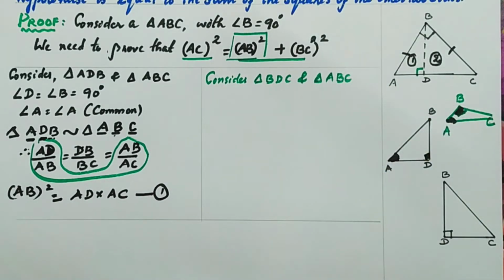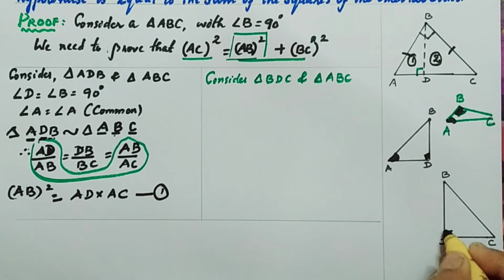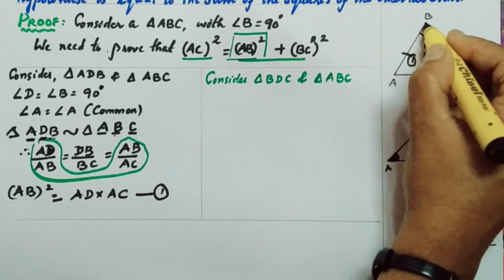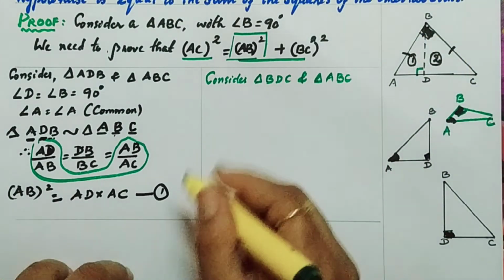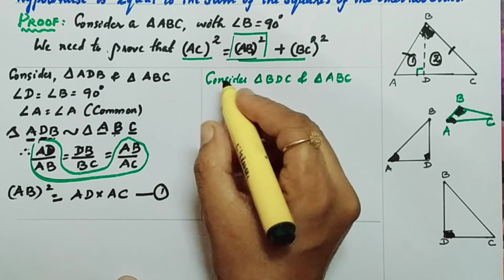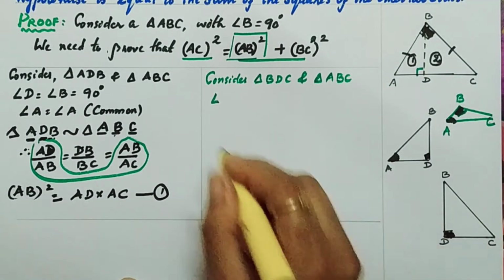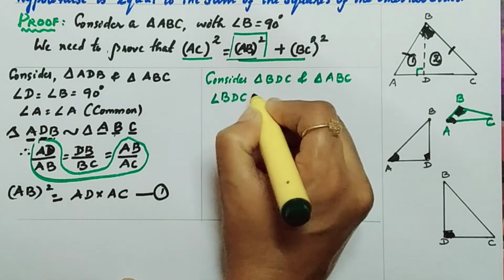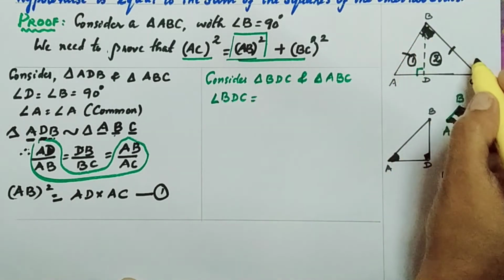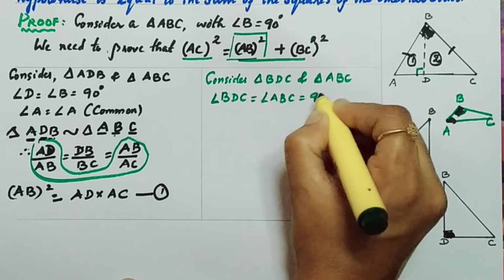Listen to the correspondence. Here, in the right side triangle BDC, angle D equal to 90 degrees, and in the larger triangle angle B equal to 90 degrees. So angle BDC equals the large triangle's angle ABC, both equal to 90 degrees.